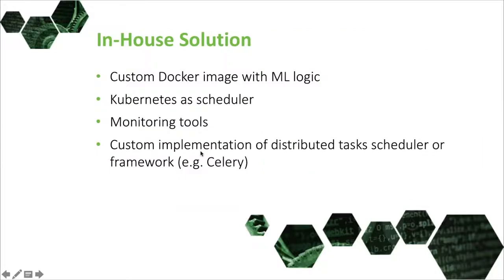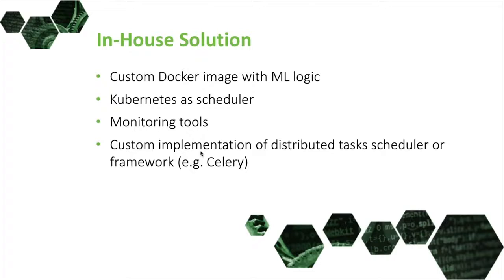All right, so the next available solution is an in-house built solution. That means we can create our own Docker containers with some machine learning code. It could be a GPU-based machine learning task or a CPU-based learning task. So it could be classical machine learning tasks or a neural network task. And we can use Kubernetes as a scheduler for this Docker container.